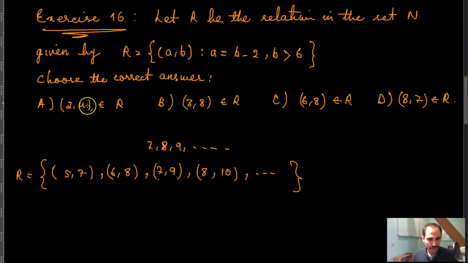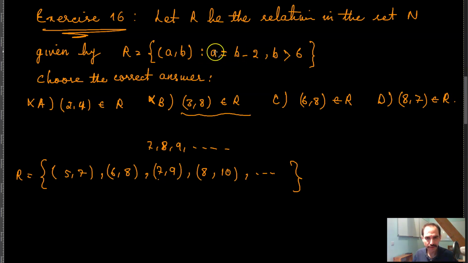So 2, 4 of course doesn't belong to R, because here we are saying that B is greater than 6, so 4 cannot, that's not an option. 3, 8 does not belong to R. Here again we are saying B is greater than 6, but this cannot be an option based on this condition that we have here.